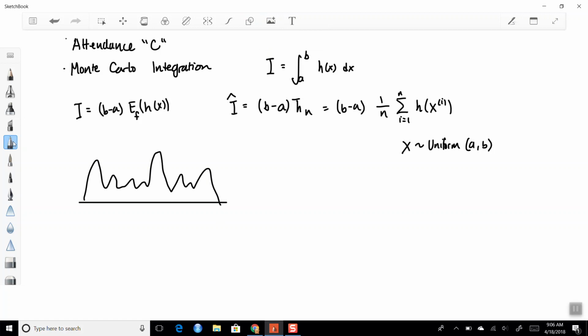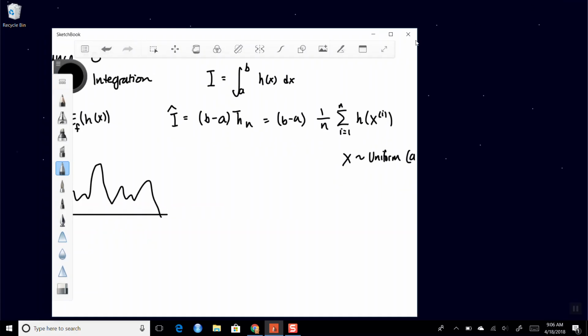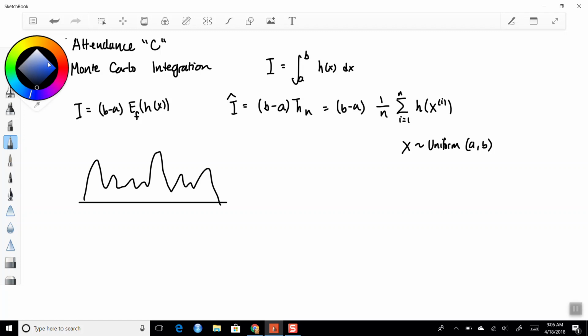And the idea was, we just randomly sample points along this at random locations, and we just average their values. Then we continue sampling points and average their values to get our estimate h bar sub n.